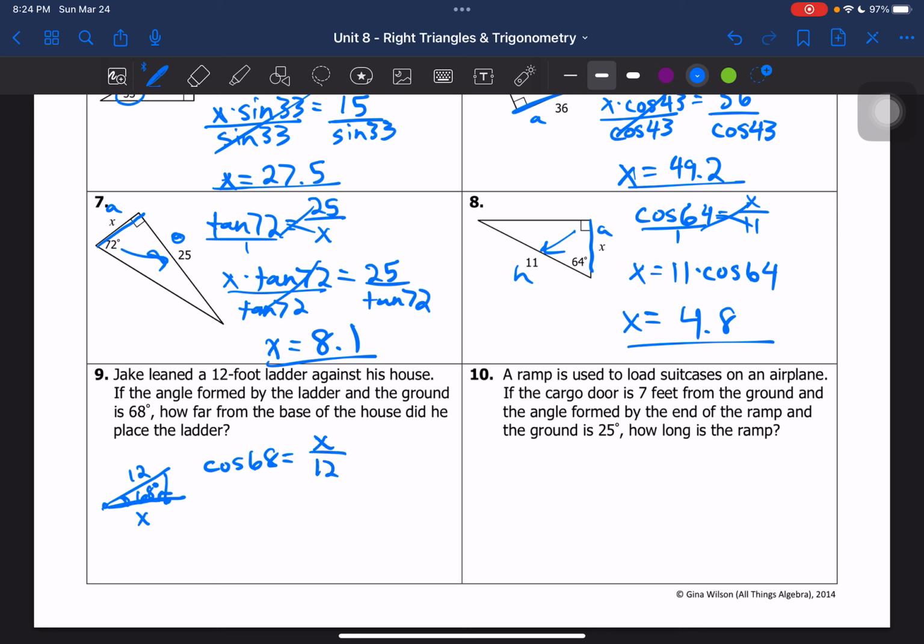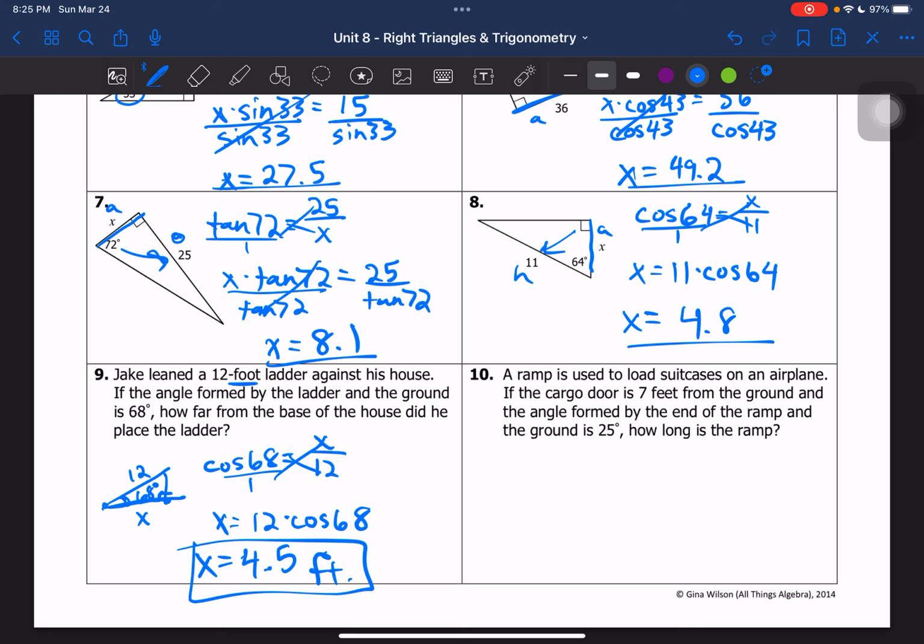So that's how I'm going to set that up. Let's cross multiply. X is equal to 12 times cosine of 68. So x equals, when I type that in, I end up with 4.5. And this is my answer, but since it's a word problem, I'm going to include my units, which would be feet. So this is the answer.